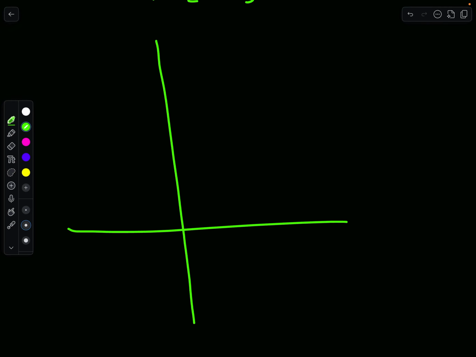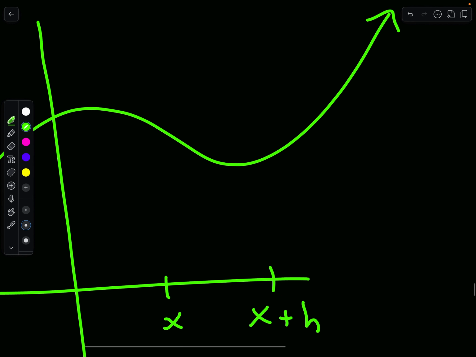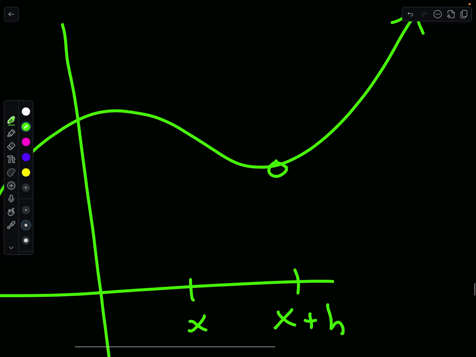Now let's say we have a function and it looks like this. This is x, and this is x plus h. That would be x plus h, and this would be x.